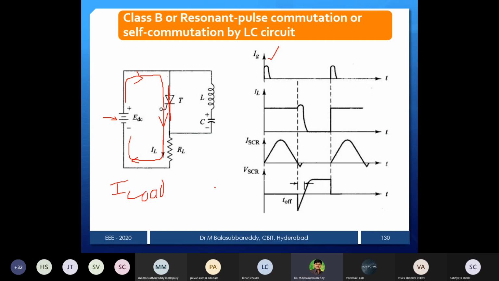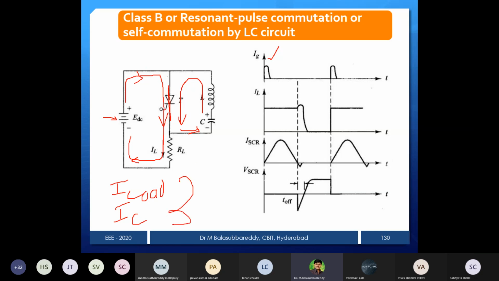Then is there any other current? Because the capacitor is already charged, now we have made a short to the device, meaning we fire the device. Now another current also passes through like this. What is that current? Commutating current, or a capacitor current. There are two currents passing through this.